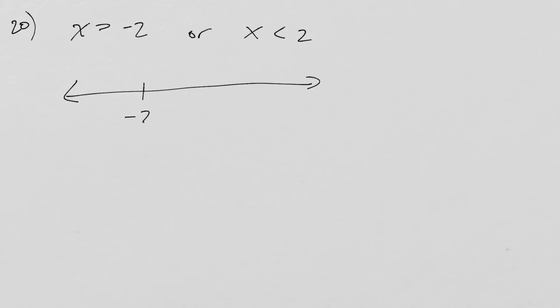Number 20, x is greater than negative 2, or x < 2. So when you graph this, we always put -2 to the left of 2. It's greater than -2 or less than 2.